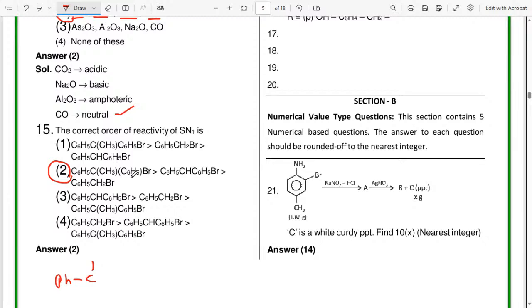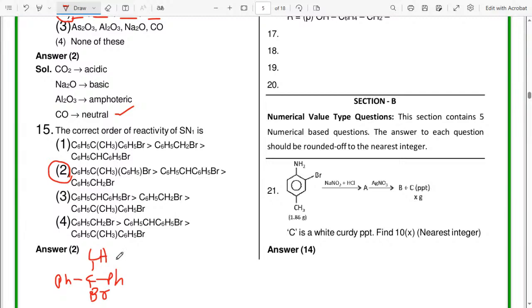So phenyl, and this is having methyl, and this here also phenyl. The way they wrote is very tough, you know. Bromide, so it is methyl, right?